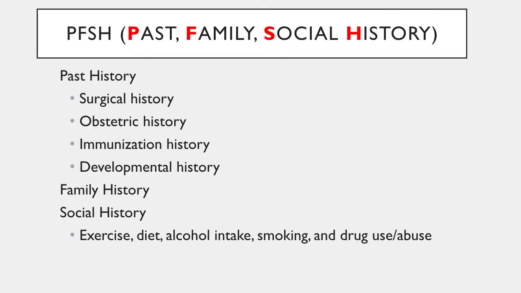Now, the first little set of initials that you saw after history was PFSH, which stands for Past, Family, and Social History. This is going to include the past history of the patient's health, including previous surgical procedures, obstetrics if it's a woman only, immunization history, and developmental history, usually only if it's a child.